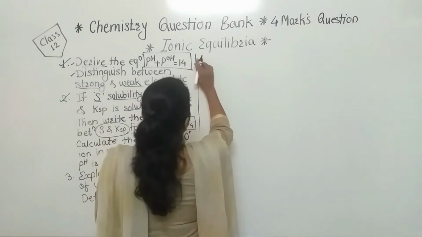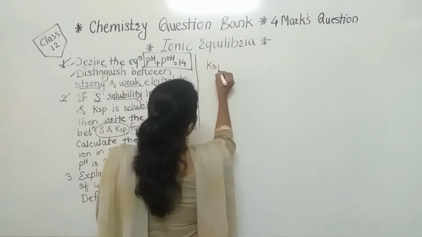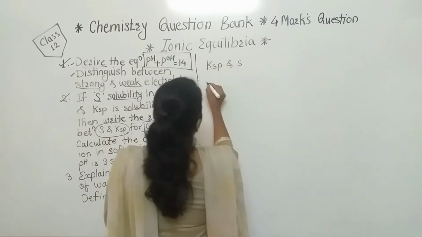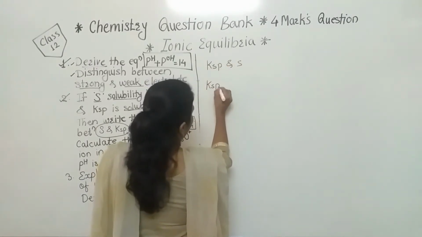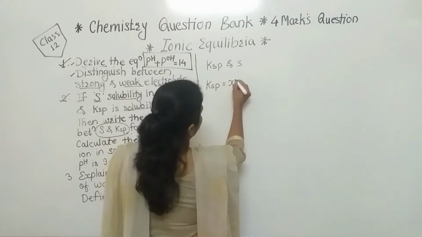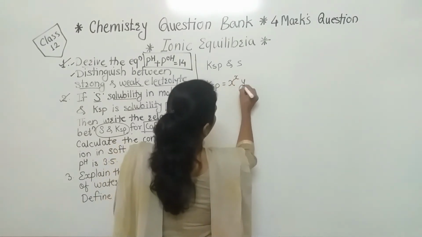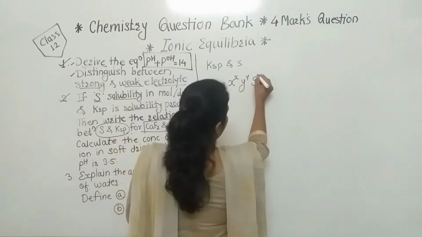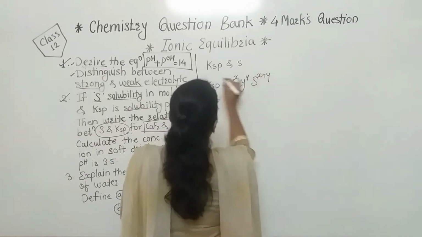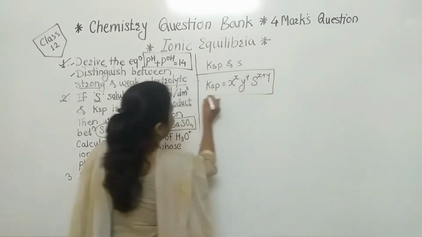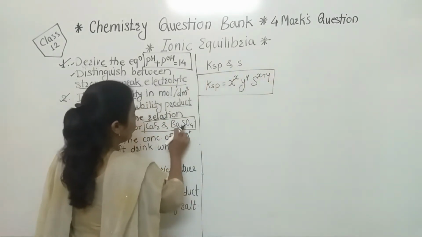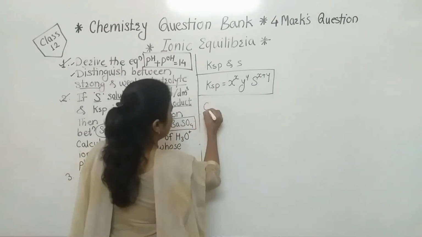First one, relation between Ksp and S. What is that? See, Ksp is equal to x raised to x, y raised to y, s raised to x plus y. This is the general relation. From that, we can complete this one.